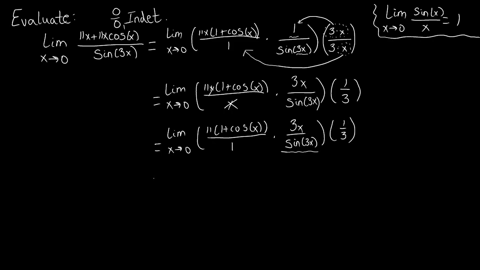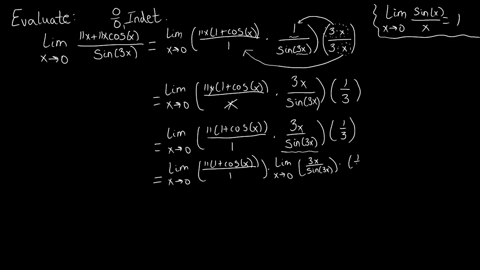We can break this multiplication into the product of its limits. What that's going to look like is something like this, over 1 times the limit as x approaches 0 of 3x over sine of 3x times 1/3.